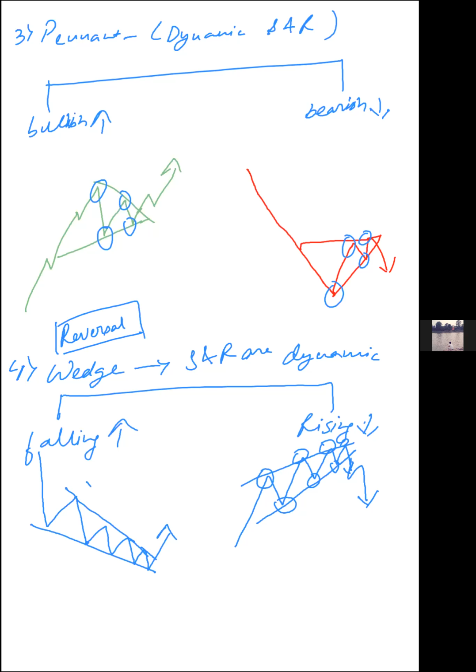All of a sudden the trend was downwards, and all of a sudden the bullish trend came in. Got it? Any doubt in pennant and wedge? Anyone? Okay, fine.